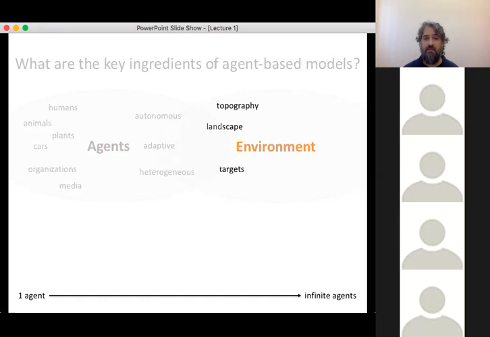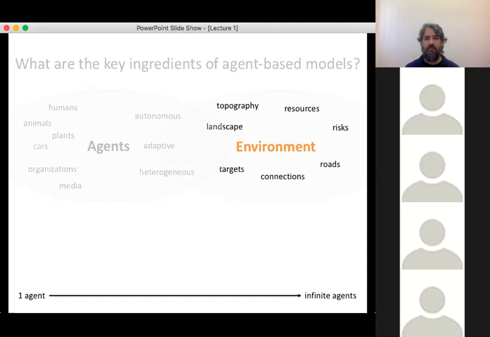It can be a landscape, there can be targets, there can be connections between different parts of the environment, resources that the agents are looking for, for example food or mates, risks such as predators from which the agents are escaping, or areas that might be, I don't know, contaminated and therefore the agents should avoid.